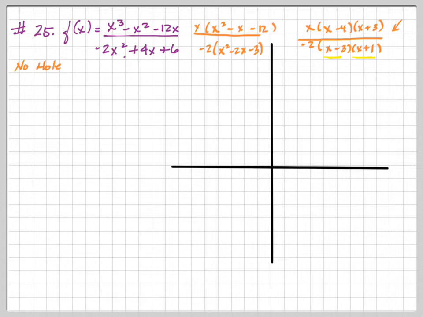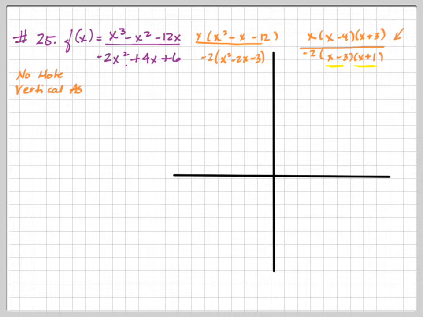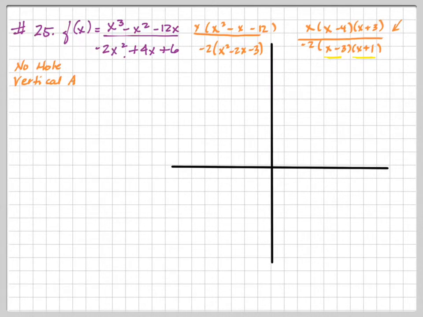So we would say that we have a vertical asymptote at x equals 3 and x equals negative 1. And we'll graph those in a minute.